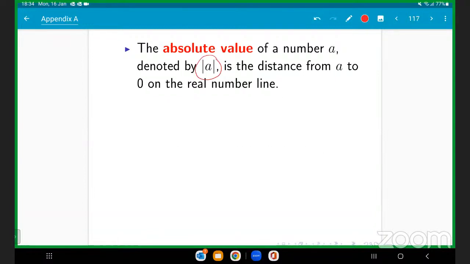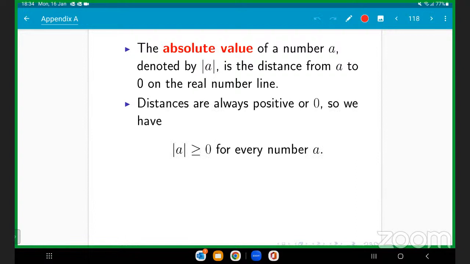So since we are measuring distance, the absolute value is always a non-negative number. So the absolute value of a number is greater or equal to 0 for all numbers A.